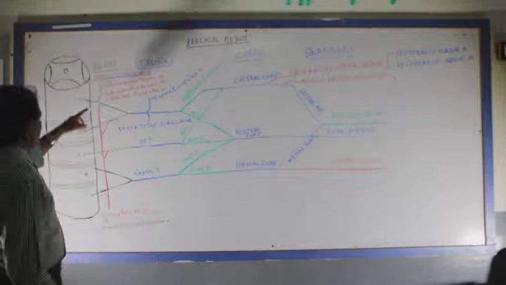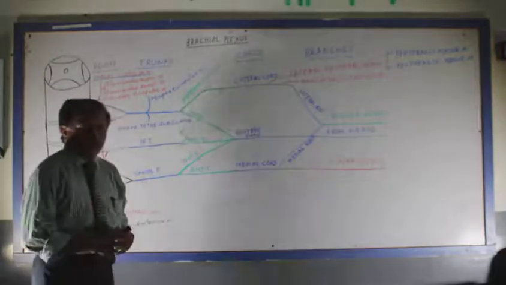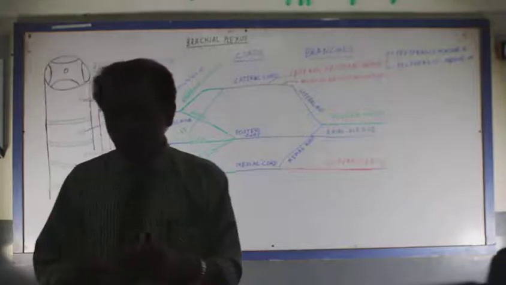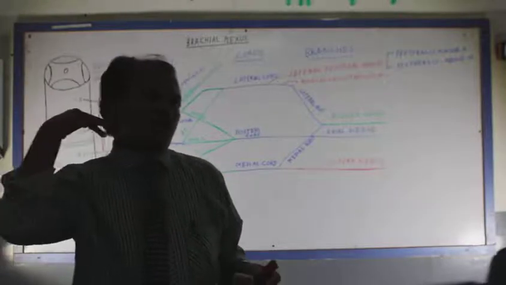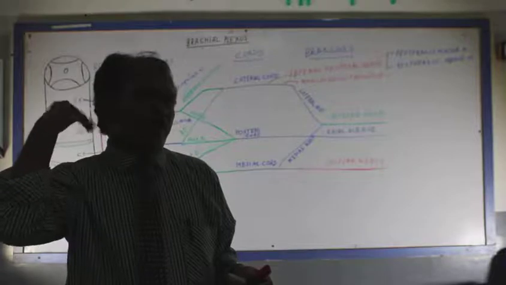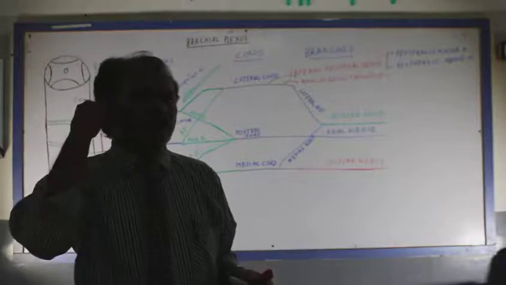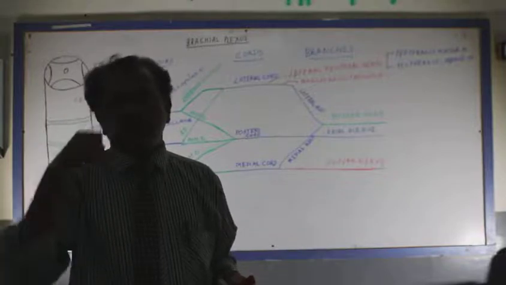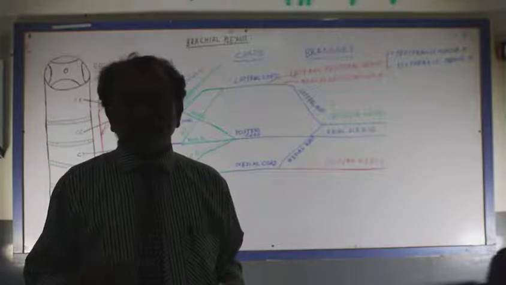Next is the levator scapulae muscle. The levator scapulae arises from the lateral aspect of the superior nuchal line, and it is inserted along the medial border of the scapula, from the superior medial angle to the root of the spine of the scapula.